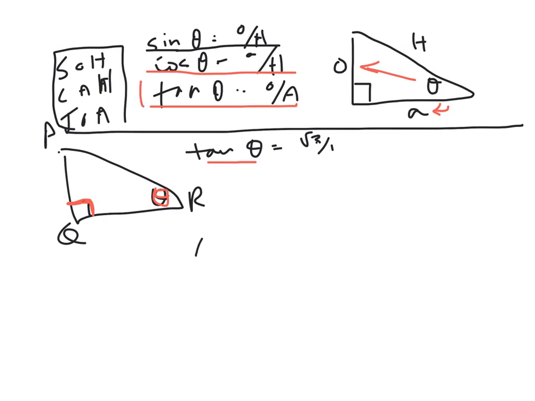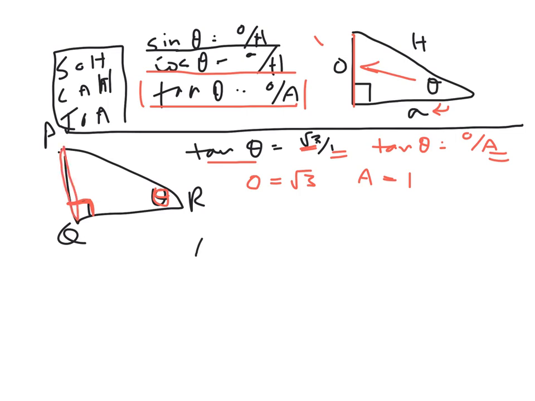According to the trigonometric rules, the tan of theta is equal to the length of the opposite side over the adjacent side. So if that's root 3 over 1, the length of the opposite side has to be root 3, and the length of the adjacent side is going to be 1.